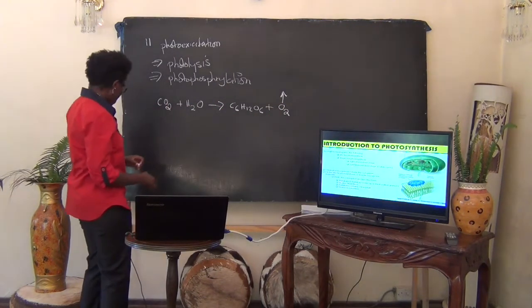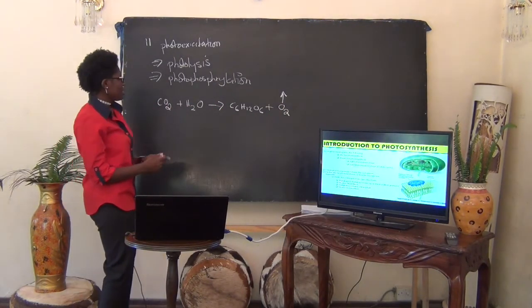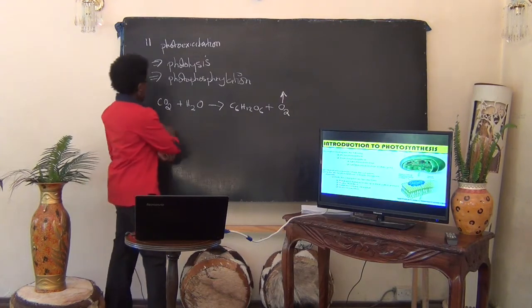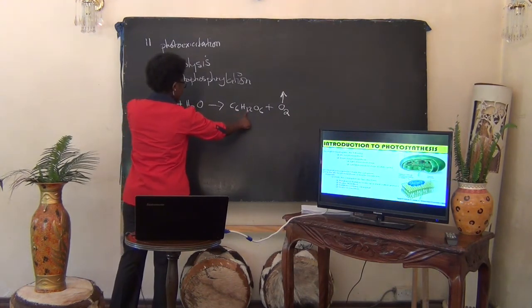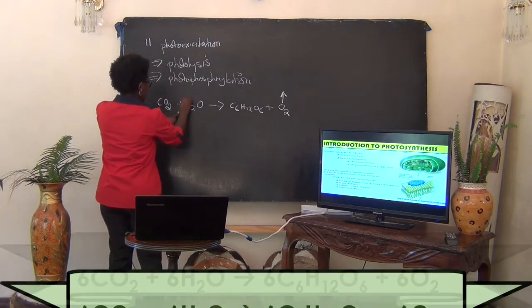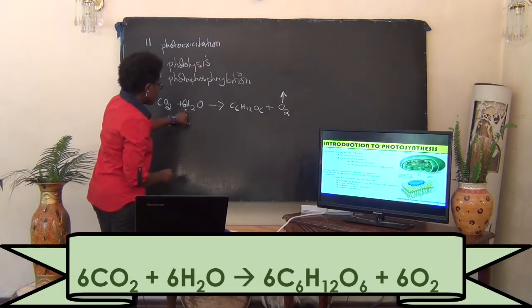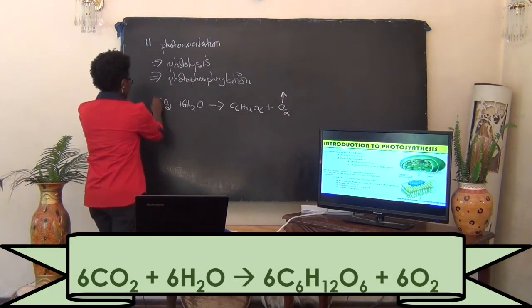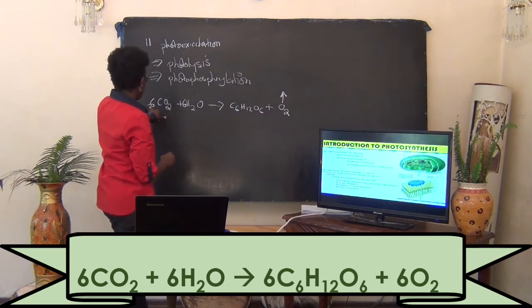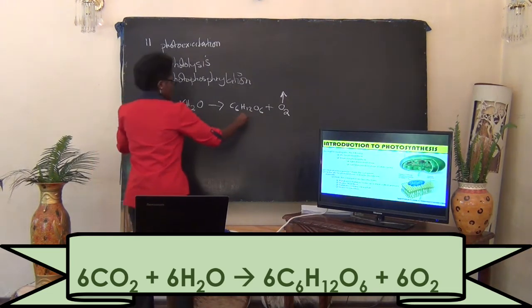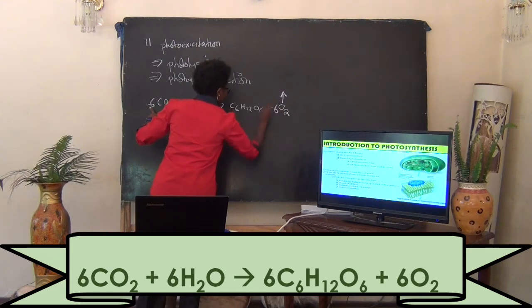So the next thing that we're going to do is to try and balance out our equation. And this is six molecules of water, and then this is 6. So we got 6, this is 6, 12. So this is 6. Okay.